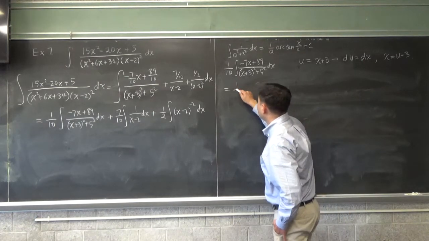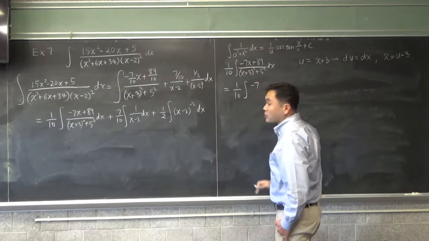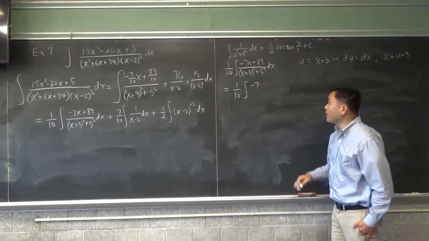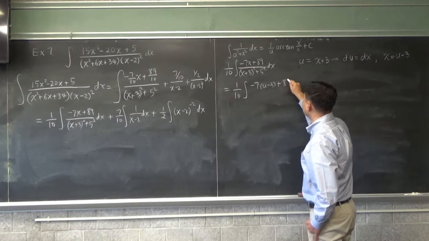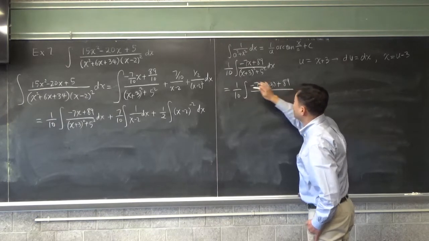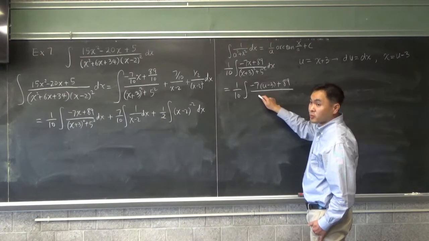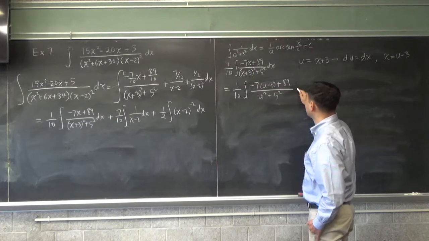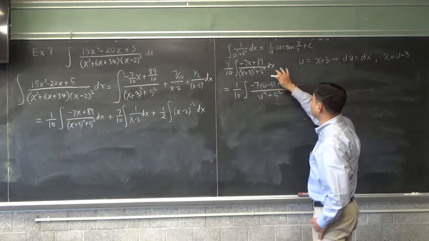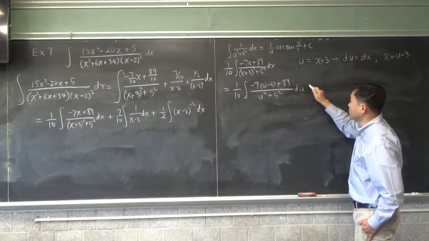Let's do the change of variables. I replace x by what? u minus 3. I replace x plus 3 by u, so the denominator becomes u squared plus 5 squared. And dx is replaced by du.